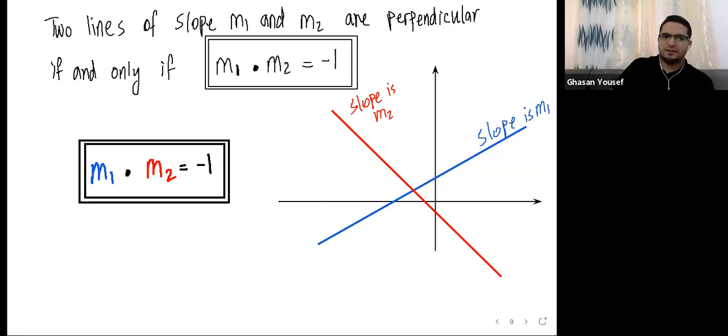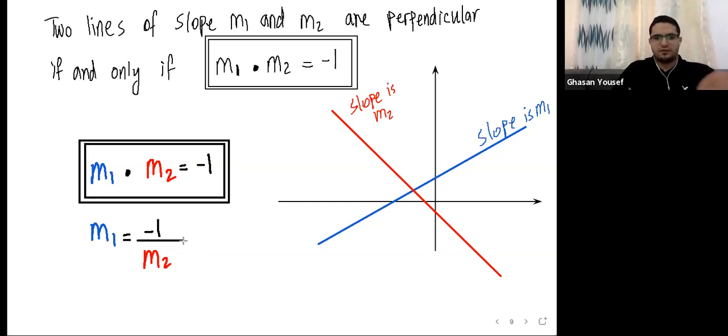So I can say m1, the blue one, equals -1 over m2, the reciprocal of the second one.